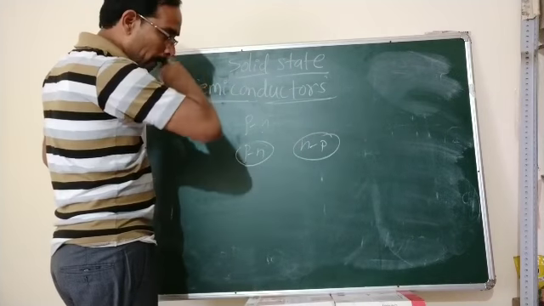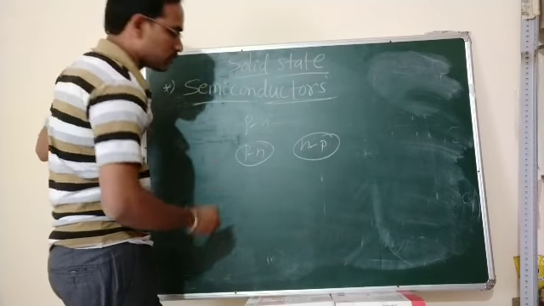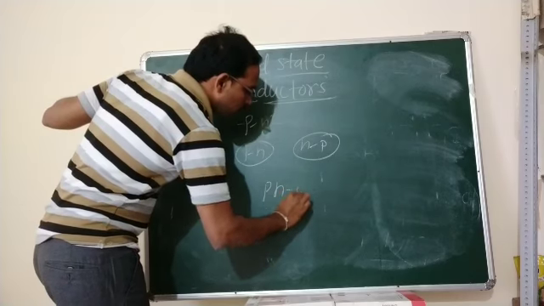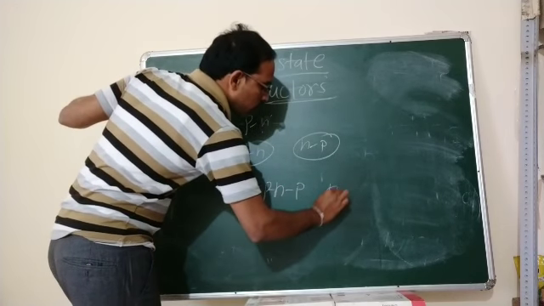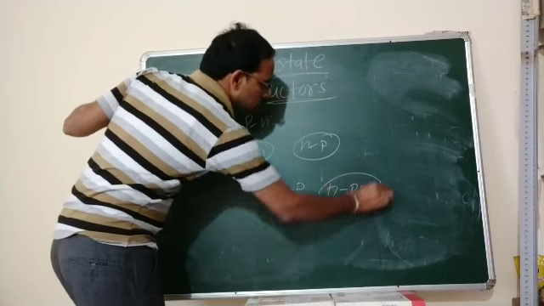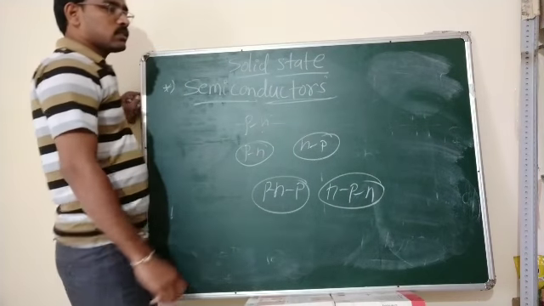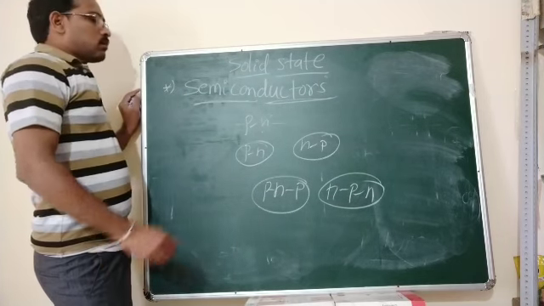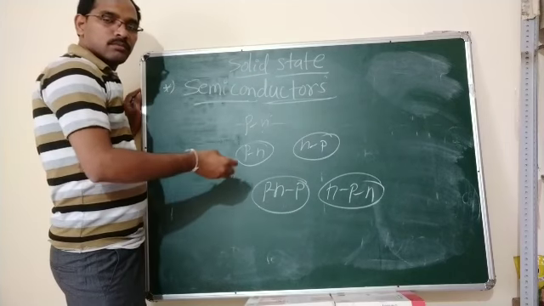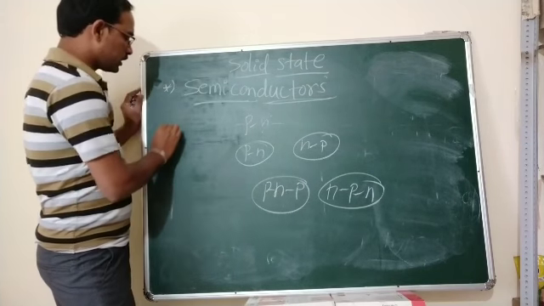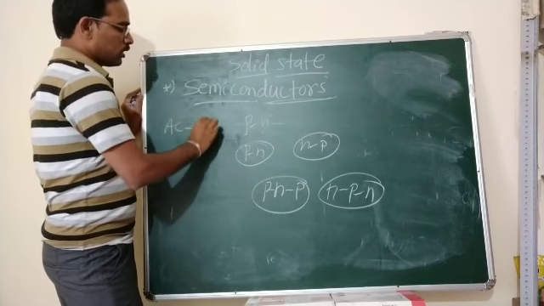Furthermore, we can make transistors, PNP transistors and NPN transistors. We know that transistors can be used to convert alternating current into direct current, AC to DC.